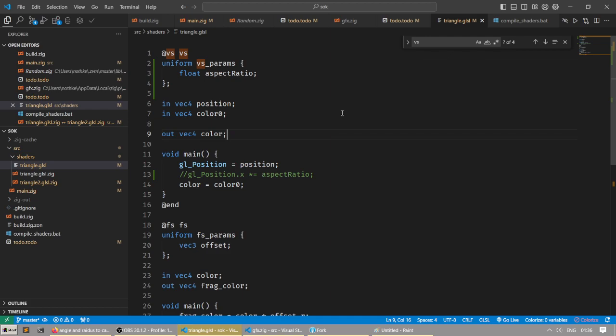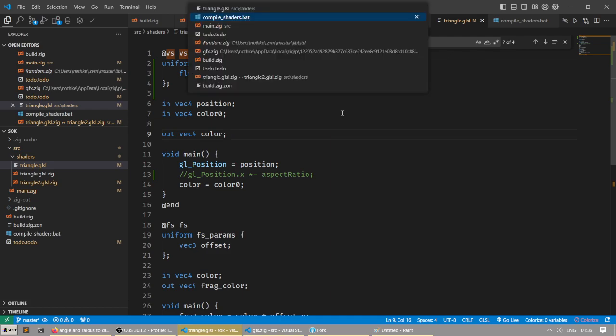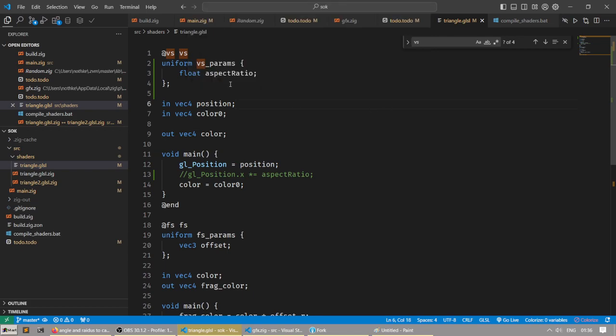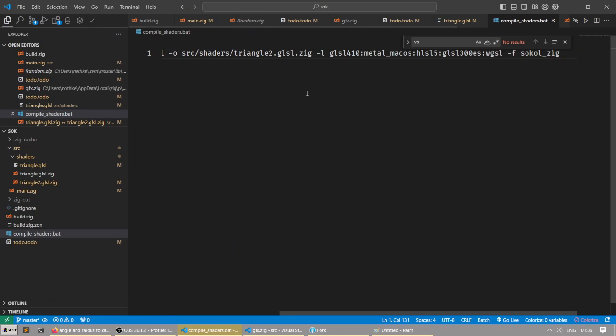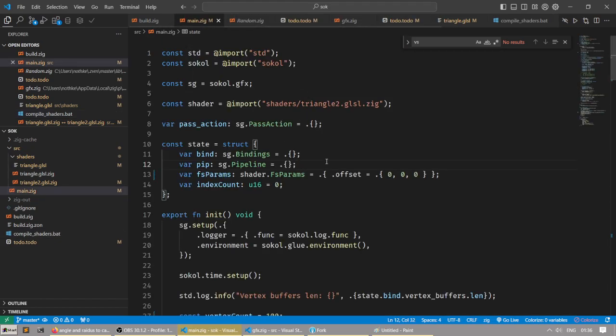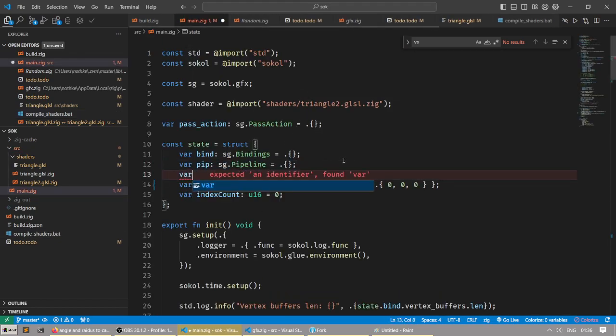Okay. So, I need to pass 1 for my aspect ratio. Let's do it like this. Shader.